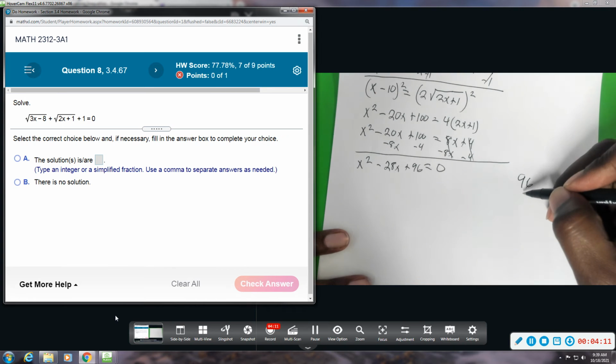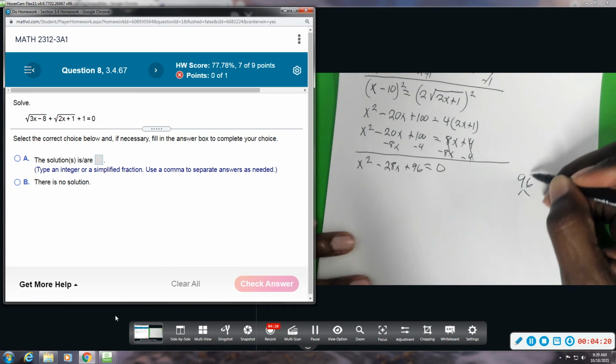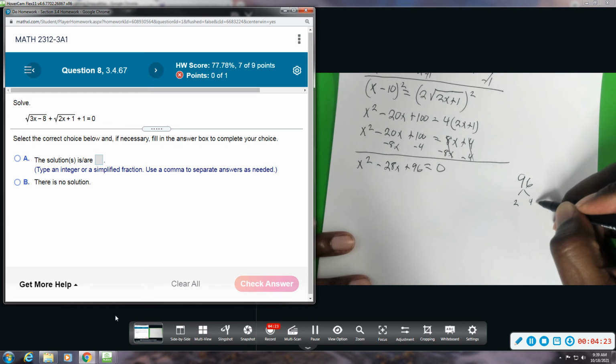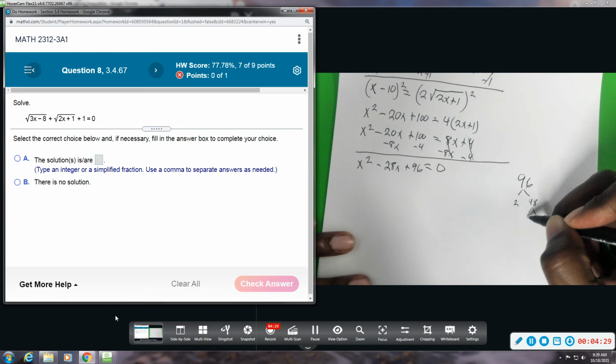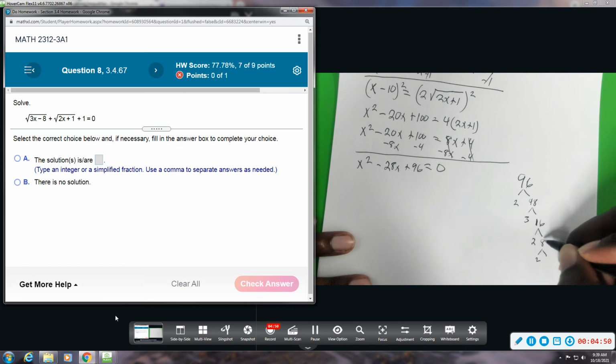Let me break this down to primes, it'd be easier for me to do it that way. 2 and 48, 3 and 16, 2 and 8, 2 and 4, 2 and 2.